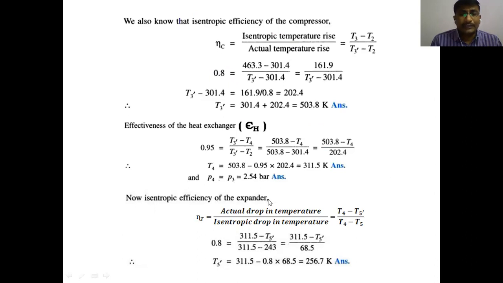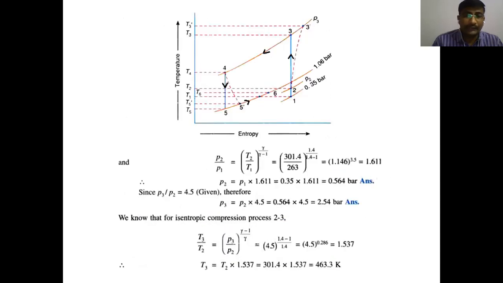Now, isentropic efficiency of the expander. After getting the pressure and temperature before the expansion, that is at T4 and P4, we can calculate the temperature at T5 by applying the adiabatic rule. That means T4 by T5 is equal to P4 by P5 whole power gamma minus 1 by gamma.